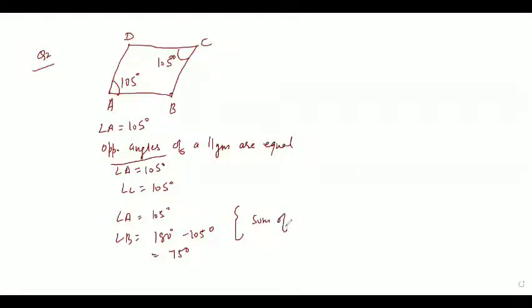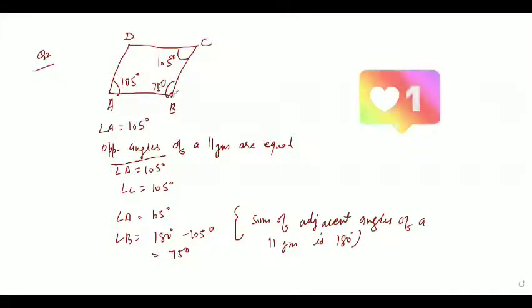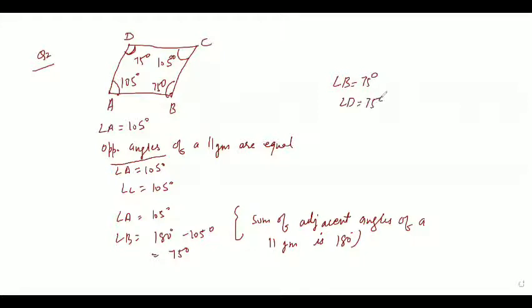Sum of adjacent angles of a parallelogram is 180 degree. So angle B will become 75 degree. If angle B is 75 degree, the opposite angle, which is angle D, will also become 75 degree, because opposite angles of a parallelogram are equal.